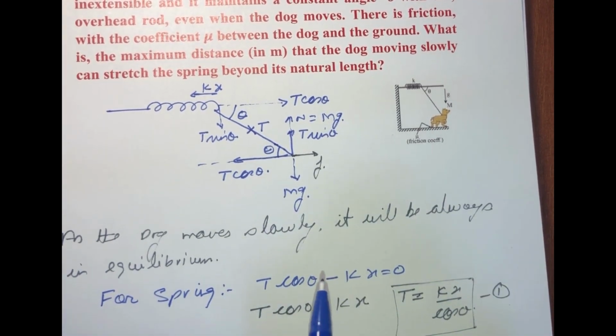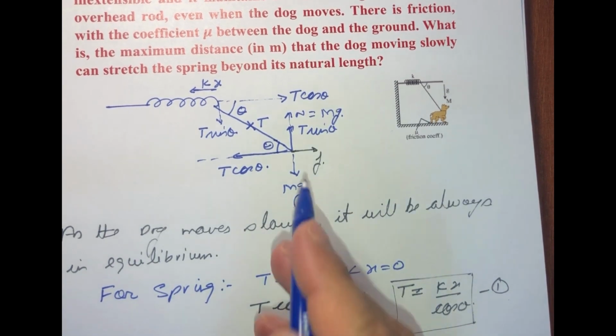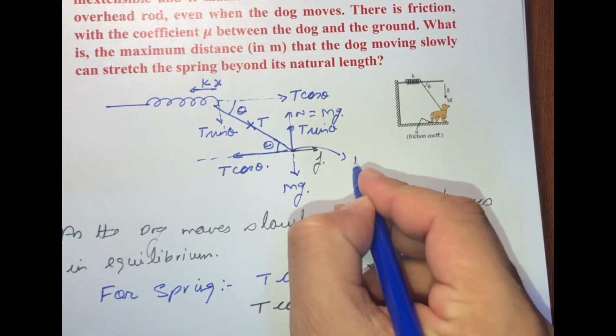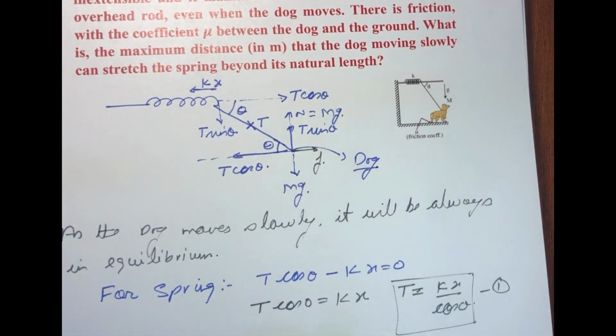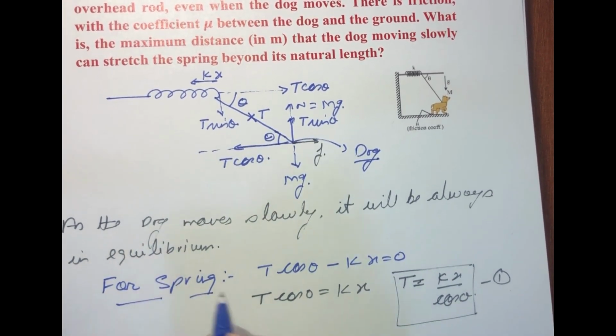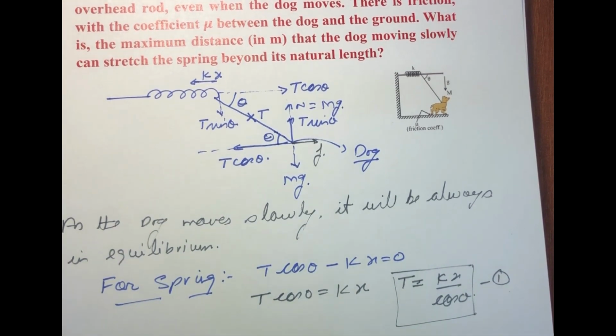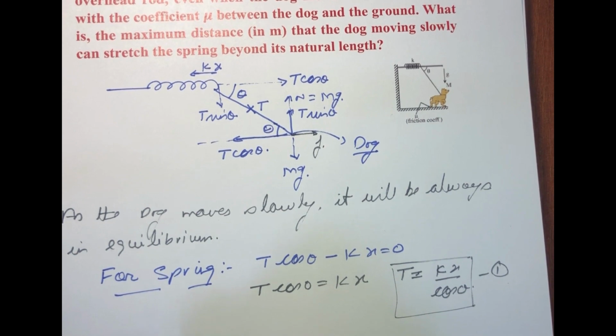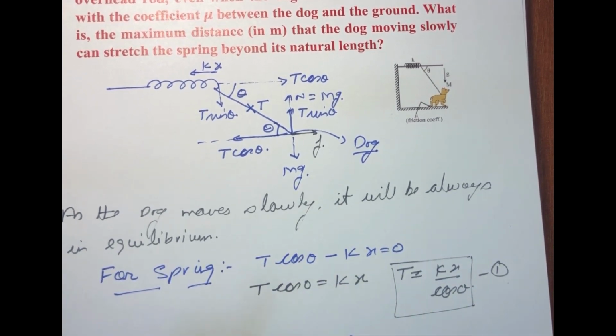And similarly, for the dog, we have f minus T cos theta equal to 0, and f will be equal to mu n.